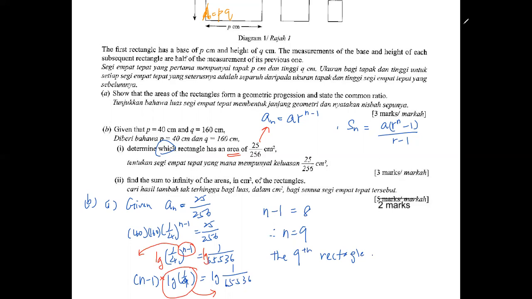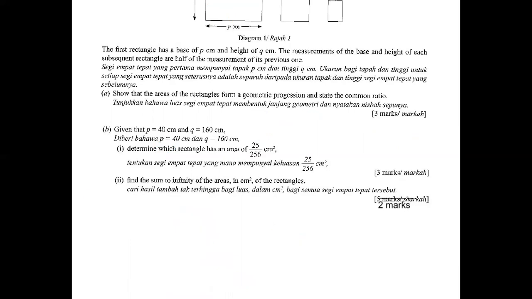Next thing, part 2. There's some mistake here, it should be 2 marks only, it cannot be 5 marks. Find the sum to infinity. Sum to infinity is A divided by 1 minus r, where A is the first term, P times Q. P is 40 and Q is 160.